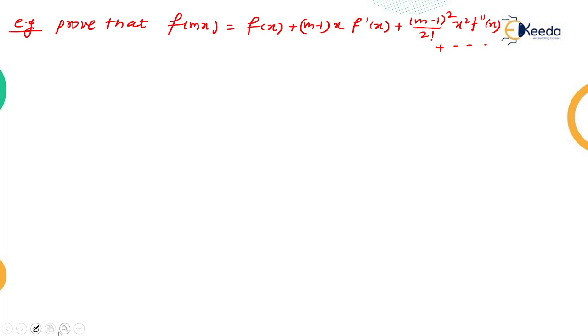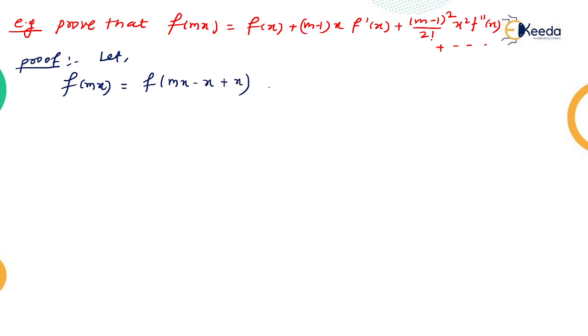Now let me show how to prove this statement by using Taylor's series. Okay, so let's see what the proof of the given statement is. Proof: let f of mx be written as f of mx minus x plus x.